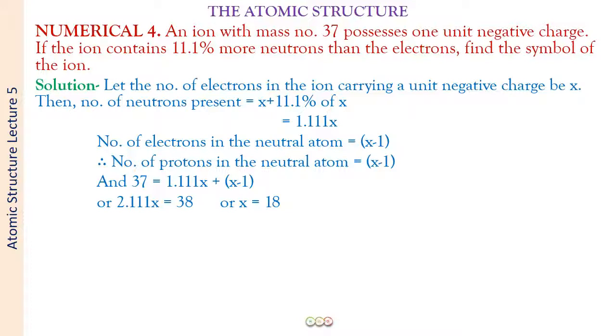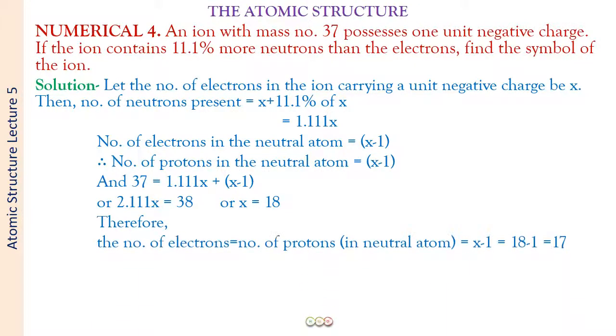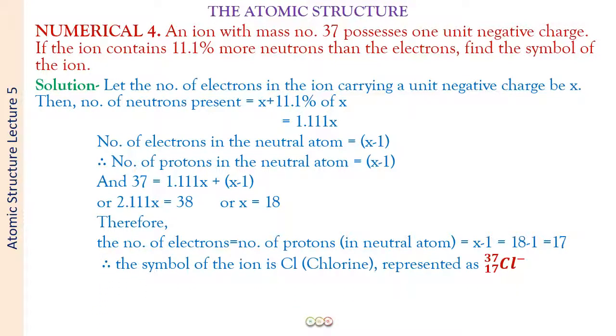Now this 18 is the number of electrons present in the ion and not the neutral atom. So the number of electrons, equal to the number of protons in the neutral atom, is going to be X minus 1. That is 18 minus 1, or 17. So we have the symbol of the ion, that is the chloride ion.